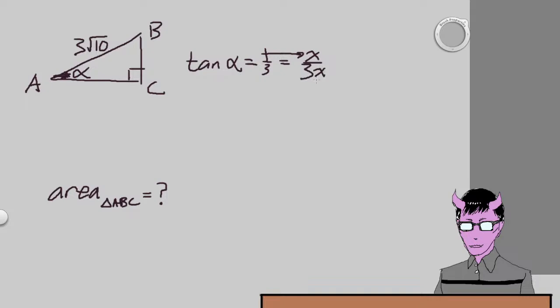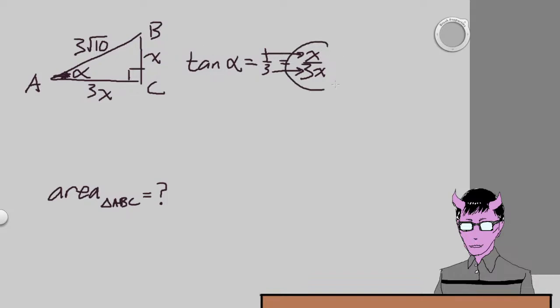So 3 times x. So x here represents the true length here, and then 3x represents the true length there. As you see, we define BC and AC by using only one letter. If we use y here and just x there, that's too many unknowns, and then we won't be able to solve for anything. So set up your unknowns very carefully.